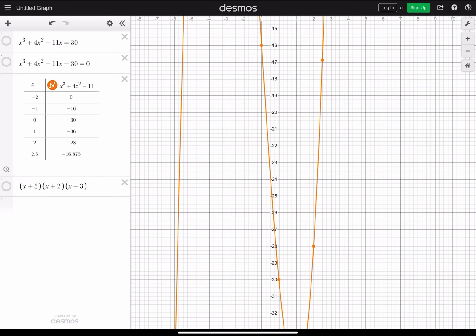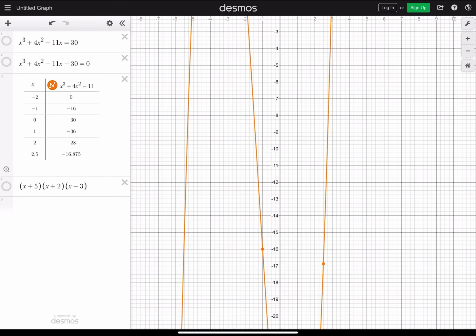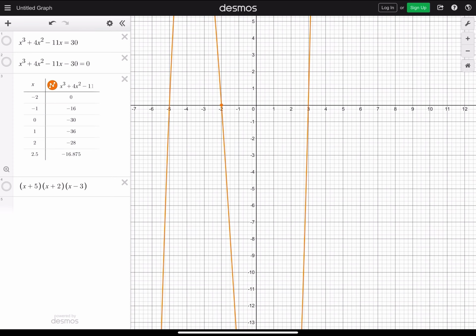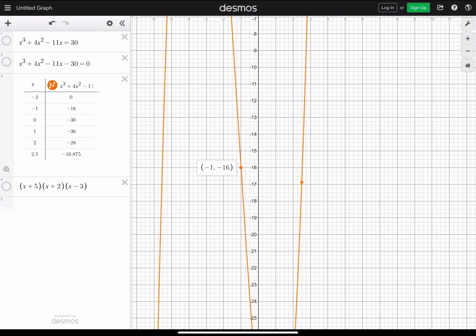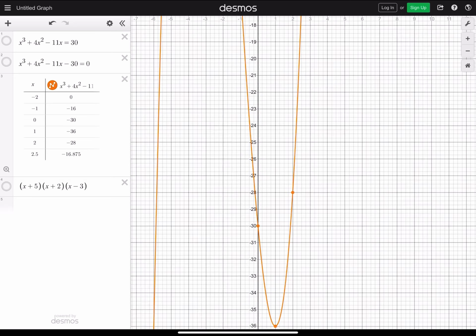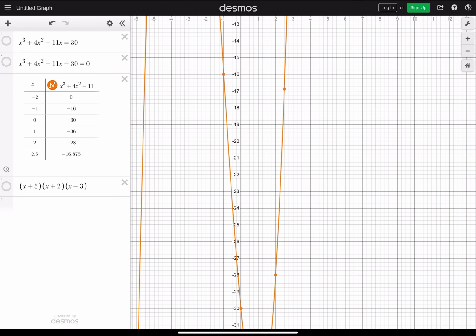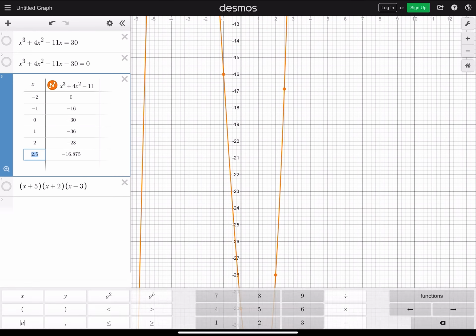And then if you take a look at the graph, when x is equal to -2, y is equal to 0, they will show you this point. x equals -1, that is right over here, x equals 0, x equals 1, and then x equals 2, and then x equals 2.5. You can just keep on going.